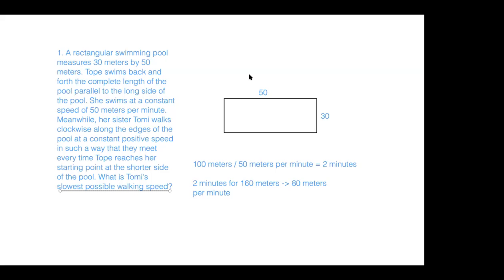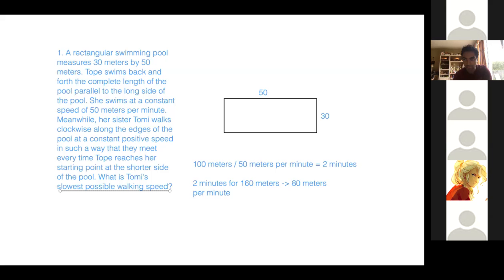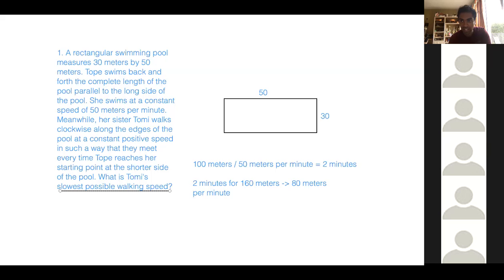So what's the next number that she could have actually walked in those 2 minutes instead of 160 meters? Any ideas? So the slowest is 2 minutes, 160. Yep.